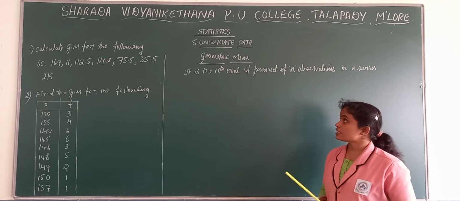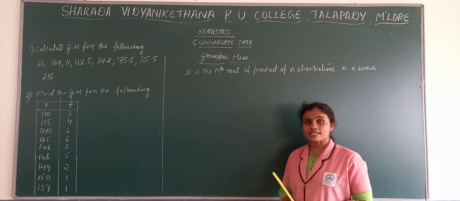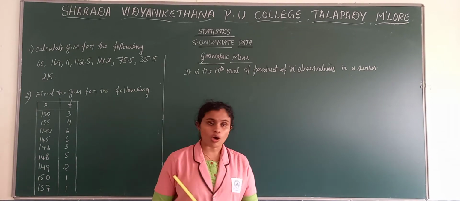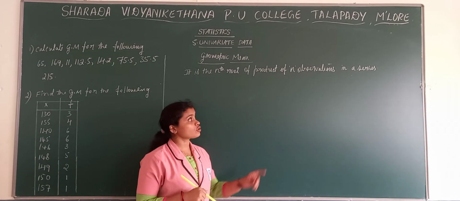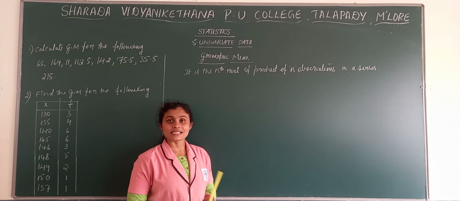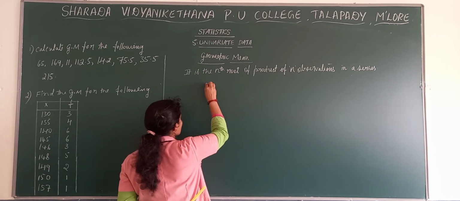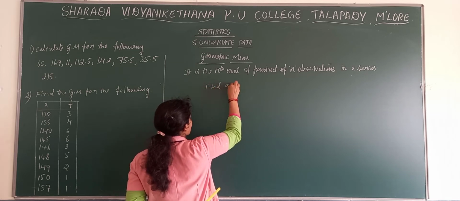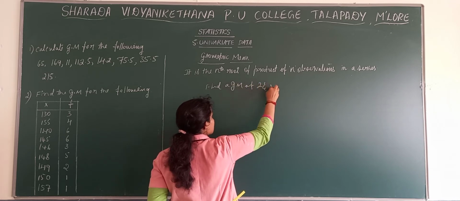Now geometric mean is the nth root of the product of n observations in a series. That means, find the geometric mean of 2 and 8.